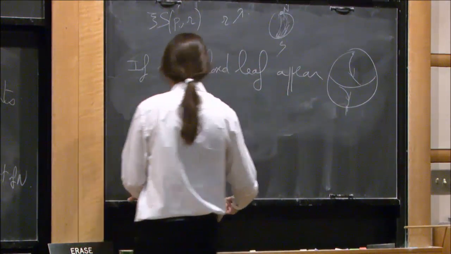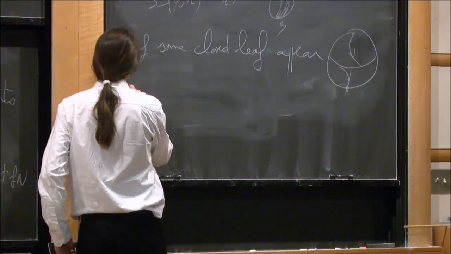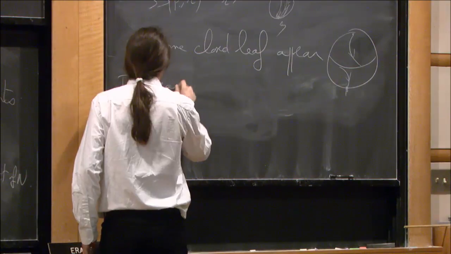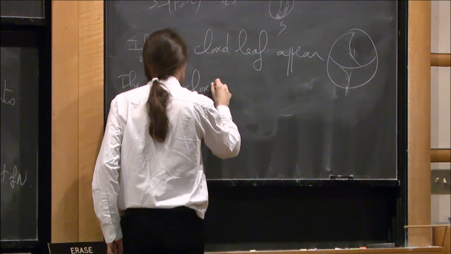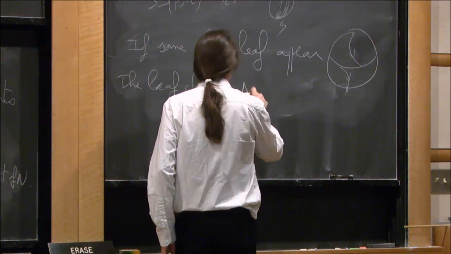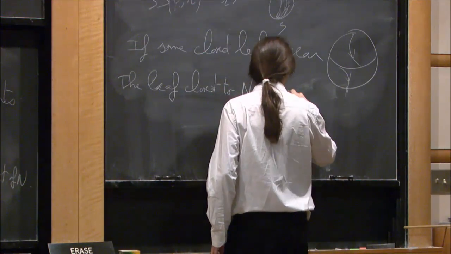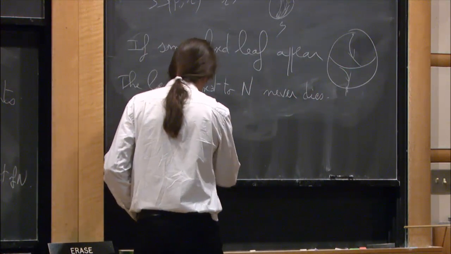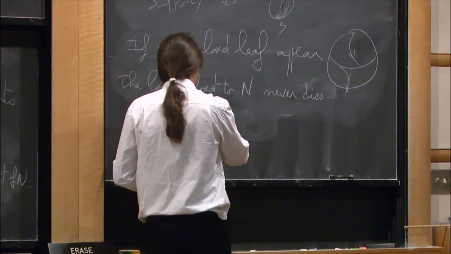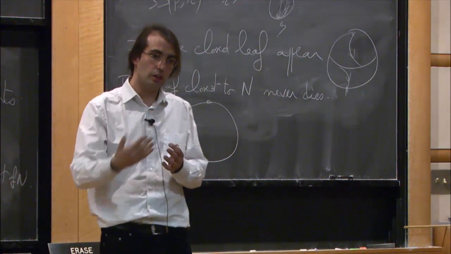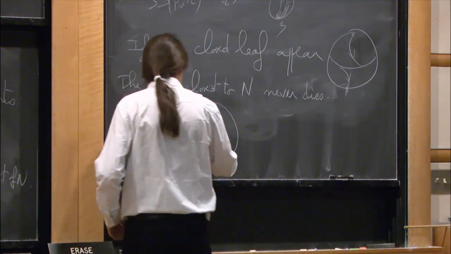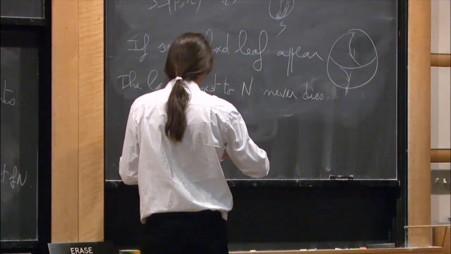And so the precise claim is the leaf closest, say, to the North Pole never dies. And why is this true? Remember that contact structures rotate, and they always rotate in the same direction. So assume you've got this situation.